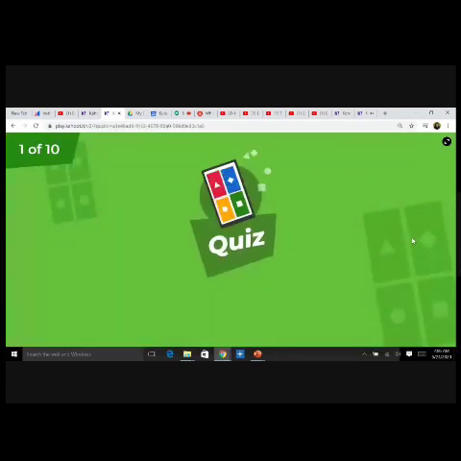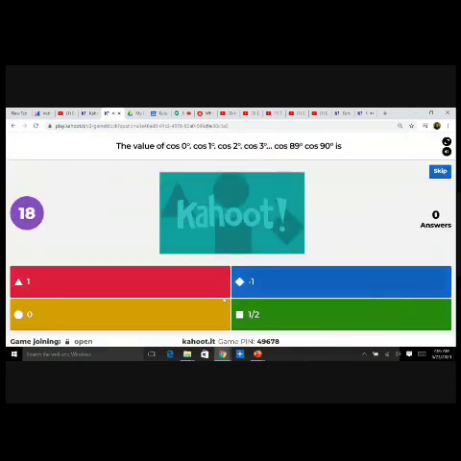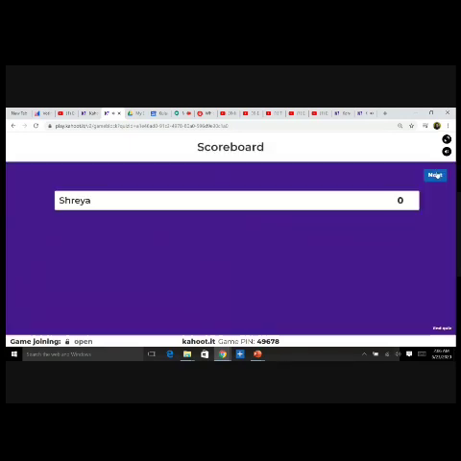Okay, so let's see here. The first question: the value of cos 0, cos 1, cos 2, up till cos 90. Next.